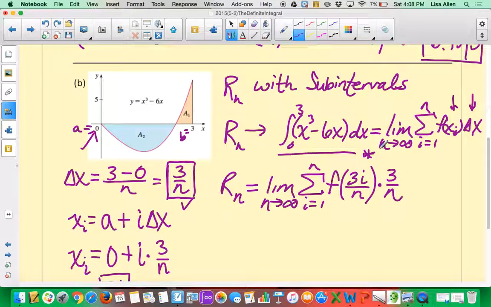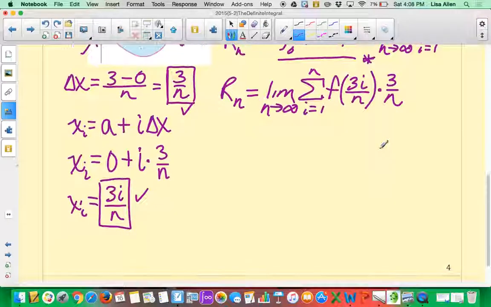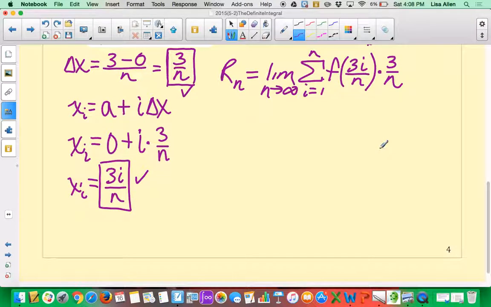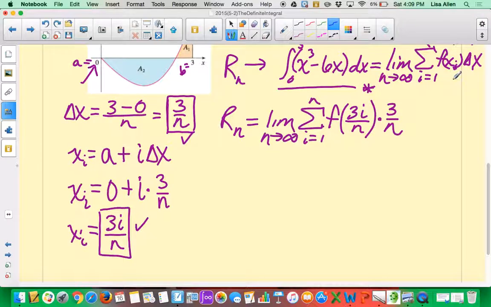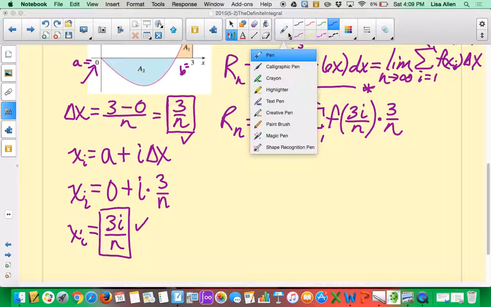Okay, so remember we're finding the Riemann sum. It is equal to the definite integral. So now we're looking at the function. Now recall, let's say what the function is up here. Remember f of x, well here it is up here. The function is x cubed minus 6x.